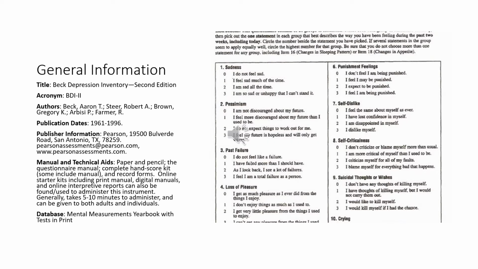So some general information. It's the Beck Depression Inventory, second edition, authored by Aaron T. Beck, Robert A. Steer, and Gregory K. Brown. The reviewers whose reviews of the instrument I looked at are Bessie P. and R. Farmer.